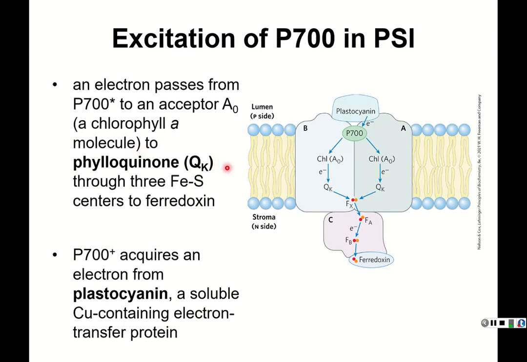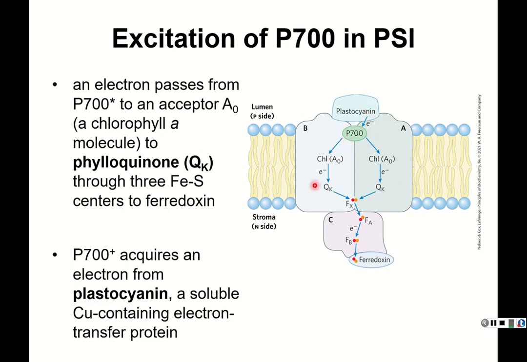So how this works, and this is probably a little bit easier to see, remember in photosystem 1, it gets its electrons from plastocyanin. That mobile protein carrier is sort of similar to cytochrome c. The electrons now are donated into P700.